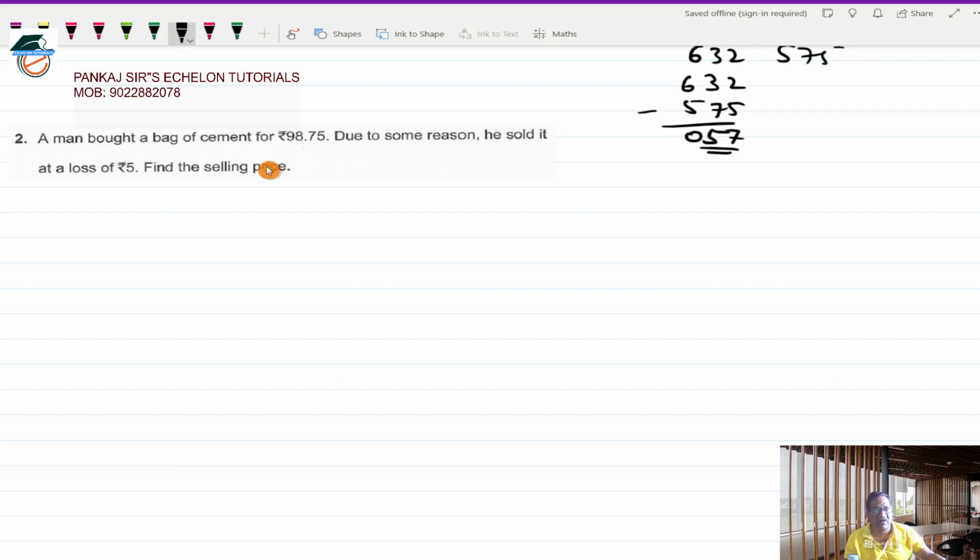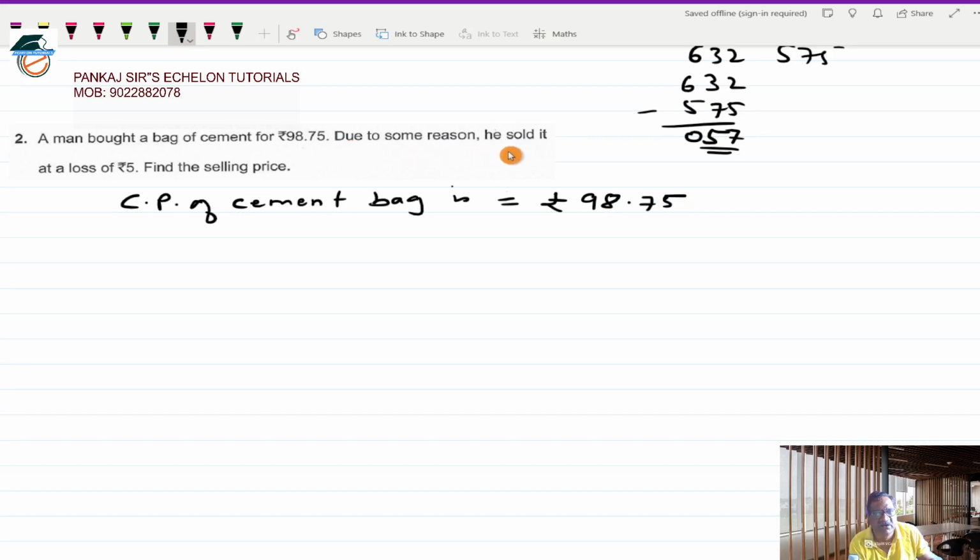Question number 2 now. A man bought a bag of cement for rupees 98.75. So again, the cost price of the cement bag is given to you as rupees how much? 98.75 paise, right?